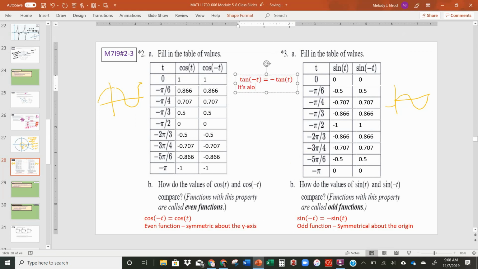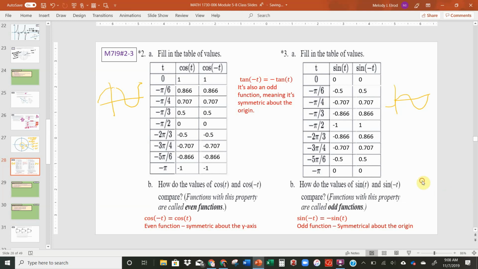It's also an odd function, meaning it's symmetric about the origin. So that gives us some information here. Sine and tangent are both odd functions, and cosine is an even function.